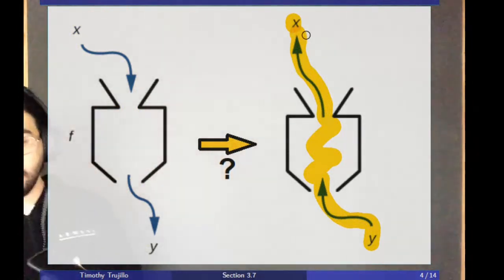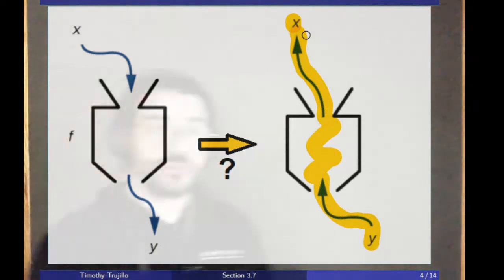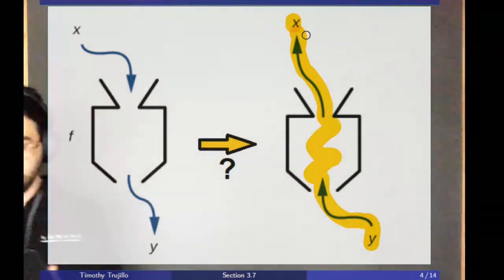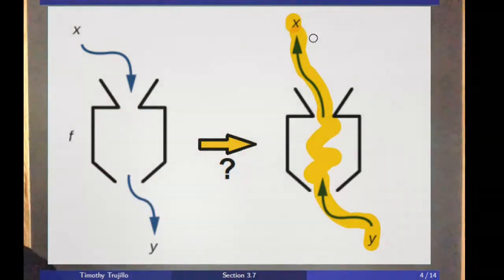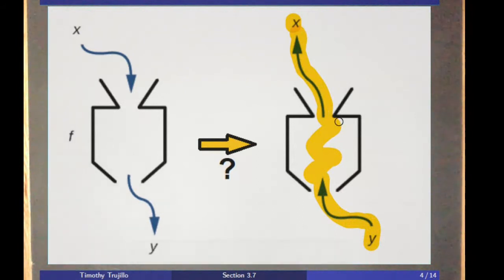It's not always going to be possible, right? It's only going to be possible for those functions whose graph passes that horizontal line test. And furthermore, we would like to get sort of a formula that tells us if I have this particular output, what is the input that gave me that particular output?